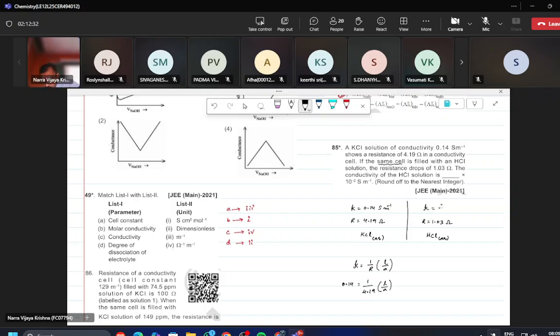So kappa equal to 1 upon 1.03 into L by A, which is 0.14 into 4.19. Problem solved. What is that value? 57 into 10 power minus 2.